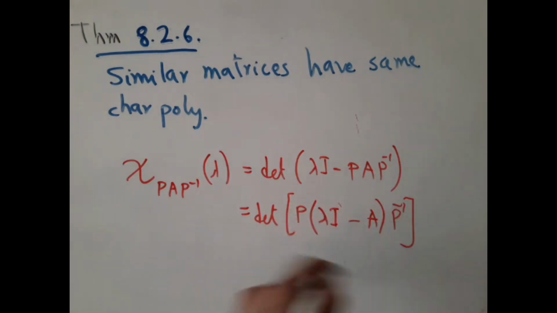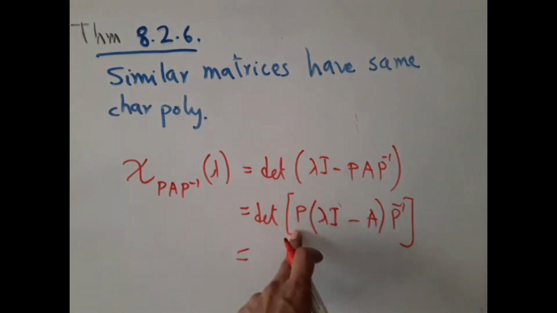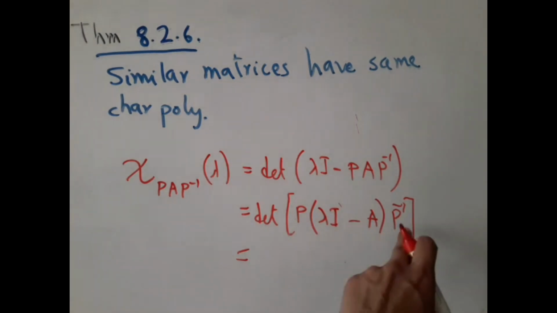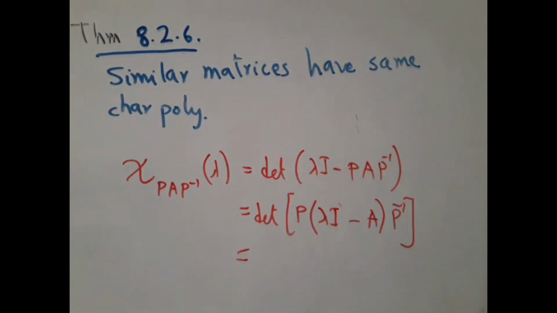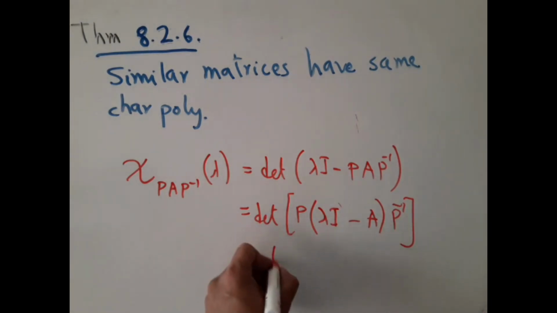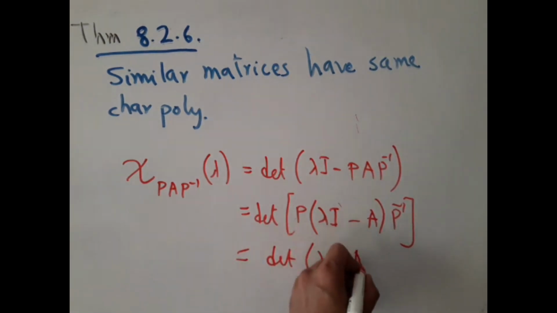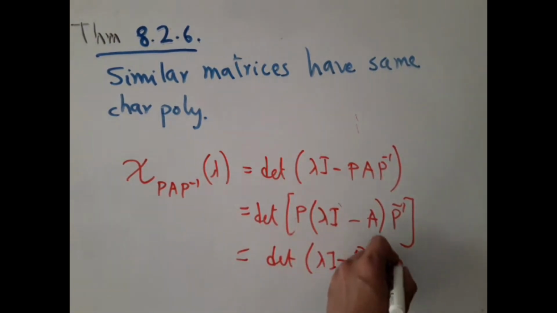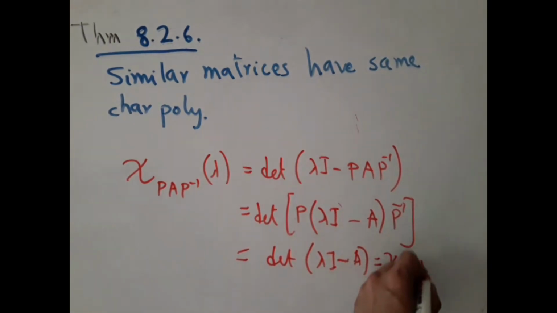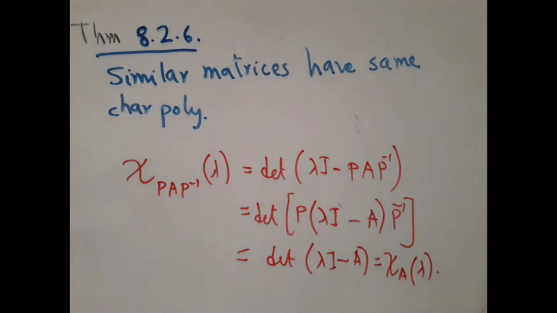Now determinant of this with that, so it is determinant of P times determinant of this times determinant of P inverse. P being a non-singular matrix, determinant of P and determinant of P inverse cancel out, and so you get just determinant of lambda I minus A, and that is indeed the characteristic polynomial of A. So the characteristic polynomial is invariant under similarity transformation.